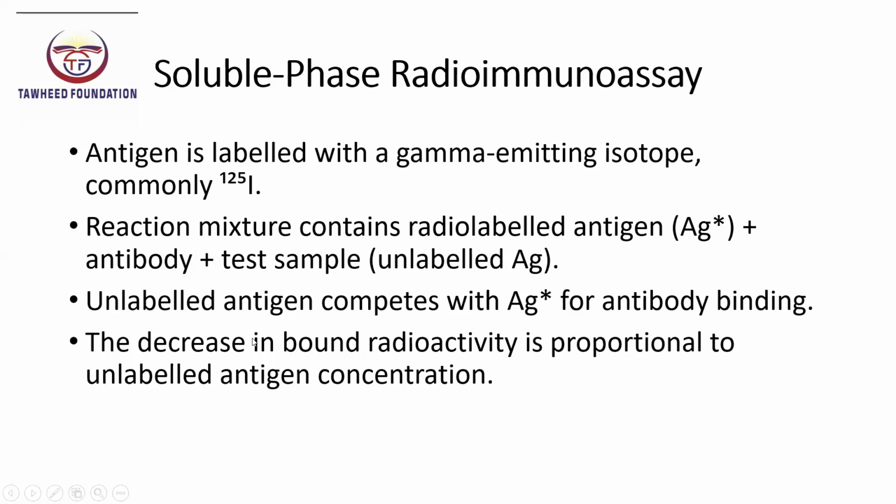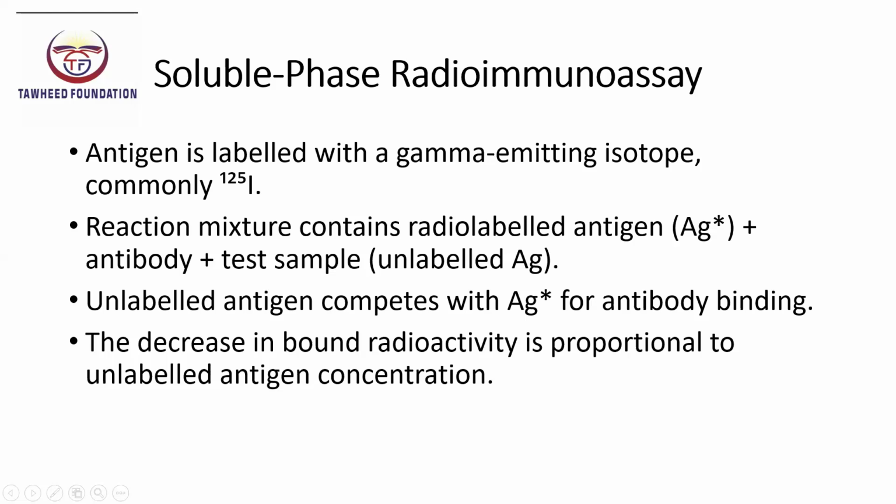the unlabeled antigen in the sample competes with the radiolabeled antigen for binding to the antibody. As the concentration of unlabeled antigen increases, it displaces the labeled antigen, leading to a decrease in the radioactivity bound to the antibody. This decrease is directly proportional to the concentration of antigen in the test sample.